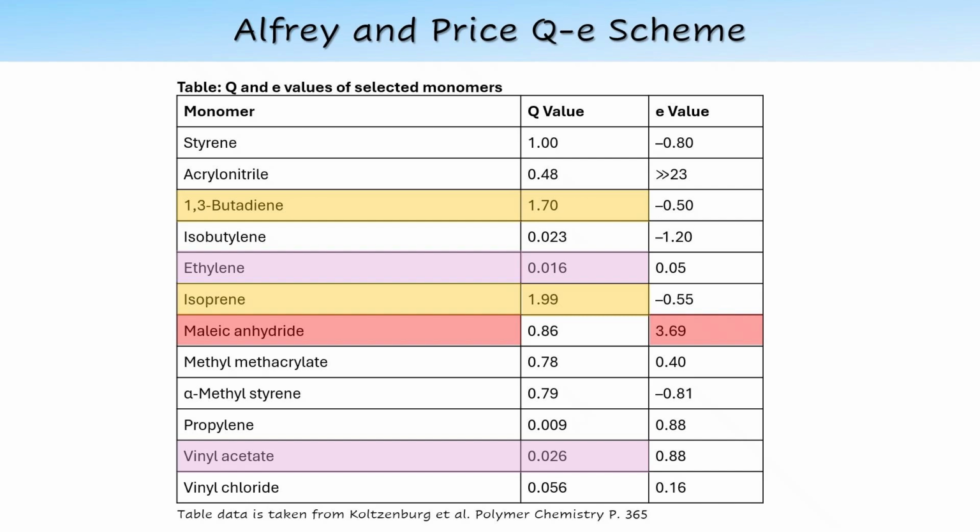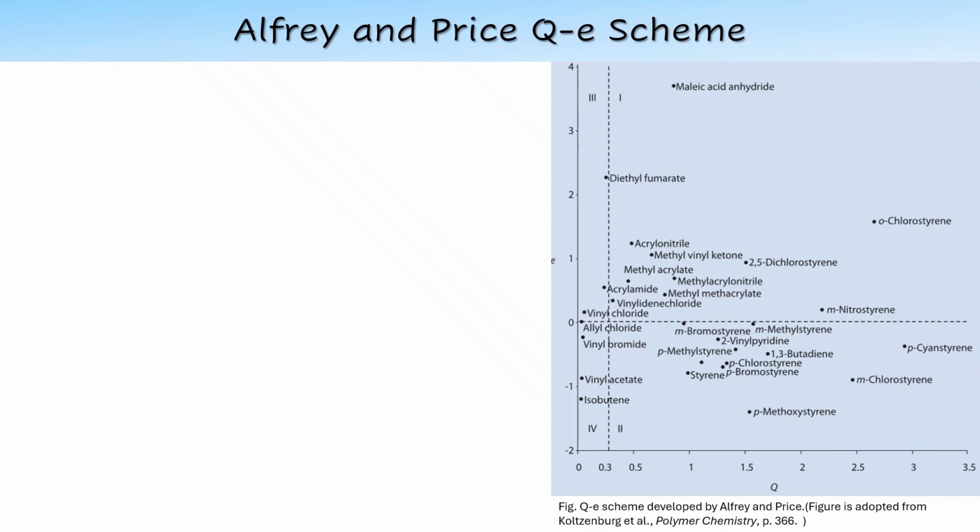This makes the double bond highly electron poor, which pushes the E value strongly positive. As a result of the highly electron-deficient double bond, maleic anhydride reacts preferentially with electron-rich radicals. With this table, we can now predict the behavior of any pair just by looking up their Q and E values.